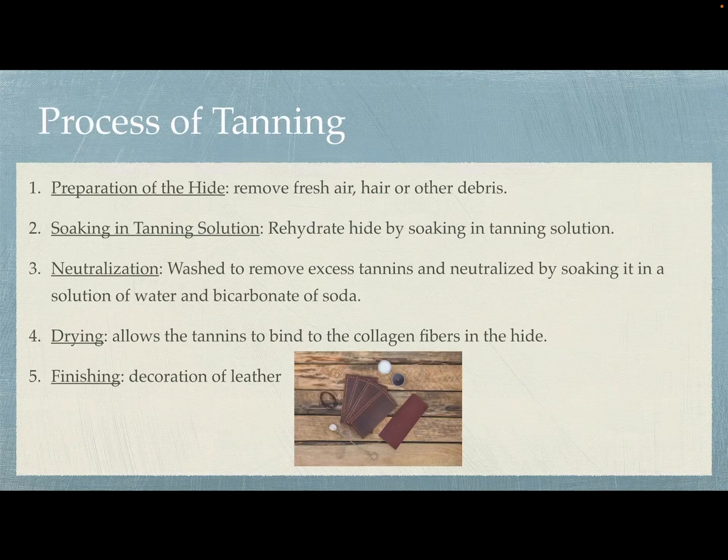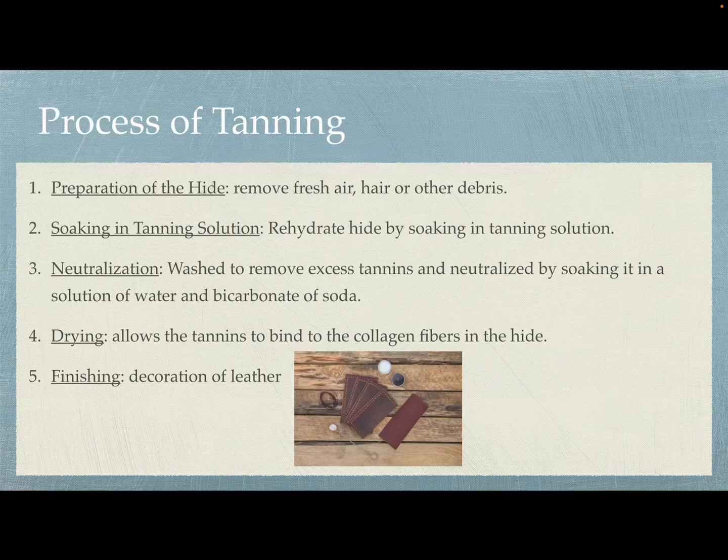After the hide has been soaked in the tanning solution, it is washed to remove any excess tannins. The hide is then neutralized by soaking it in a solution of water and bicarbonate of soda. This helps to balance the pH of the hide and prevent it from becoming too acidic. Once the hide has been neutralized, it is dried slowly.